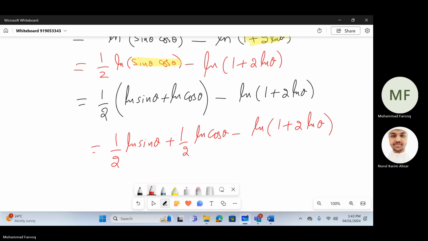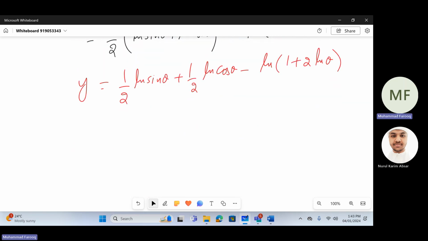Understand? I think now it's a simplified form of the question. Please, we did not start the derivative yet. All the steps we did were for the sake of simplification. Now this is your y. Now we differentiate, now we find y prime.